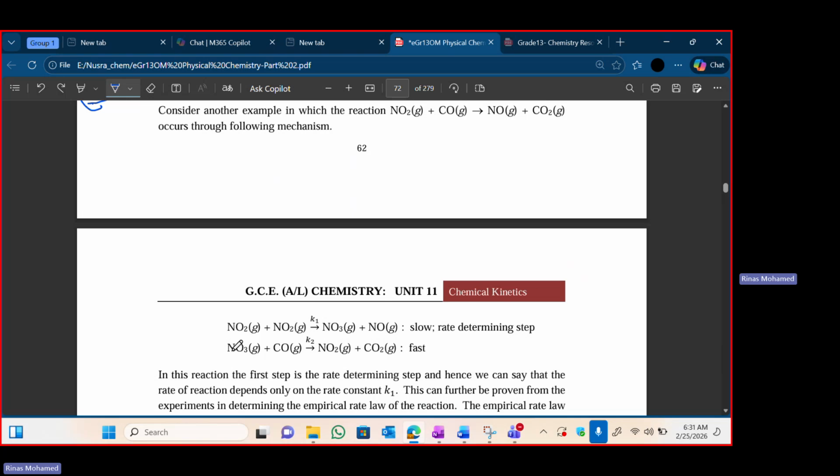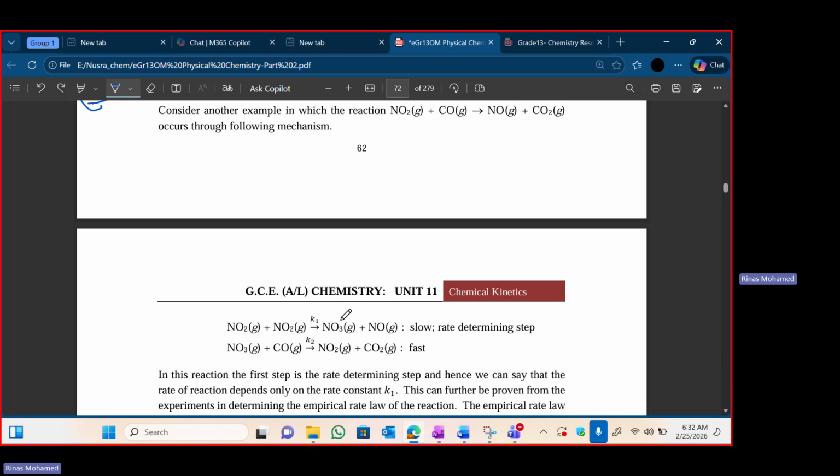Again, this NO3 is an intermediate here. It is not in the product. The NO3 intermediate reacts with another CO reactant to give one NO2 gas and CO2 gas. This is the fastest step.